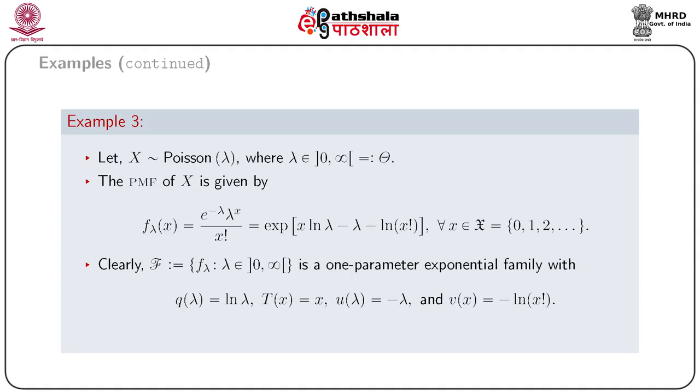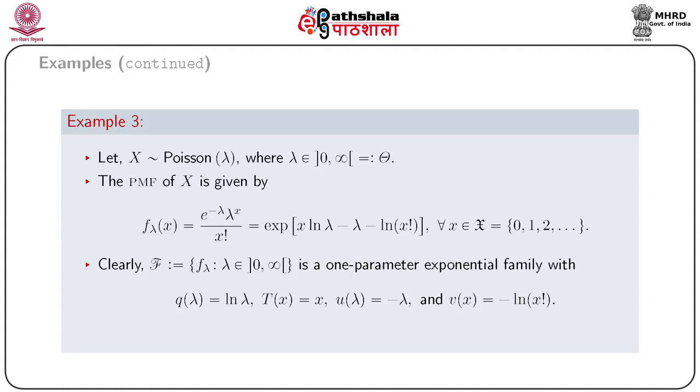Next, we consider third example. Suppose X follows Poisson with parameter lambda. Then the PMF of X is f(x) equals e to the power minus lambda into lambda to the power x divided by x factorial, which can be written as e to the power minus lambda plus x into log lambda minus log x factorial.